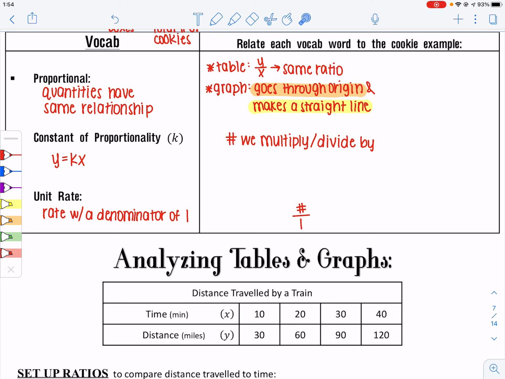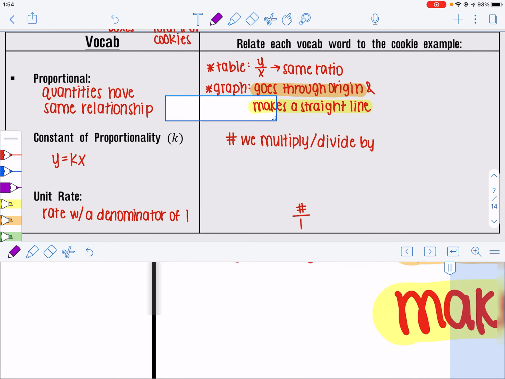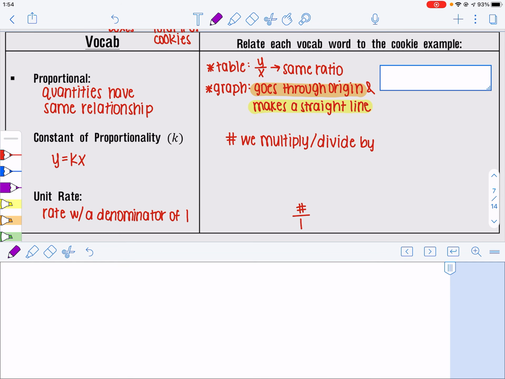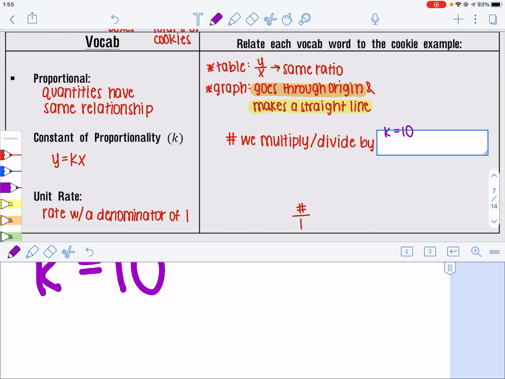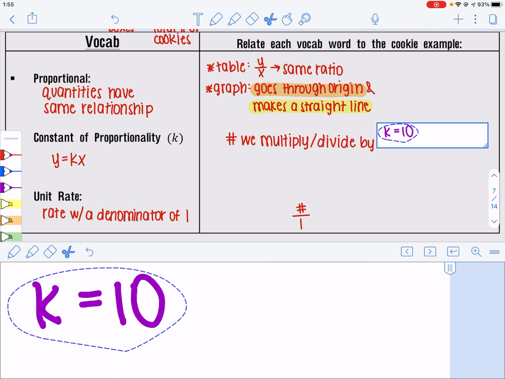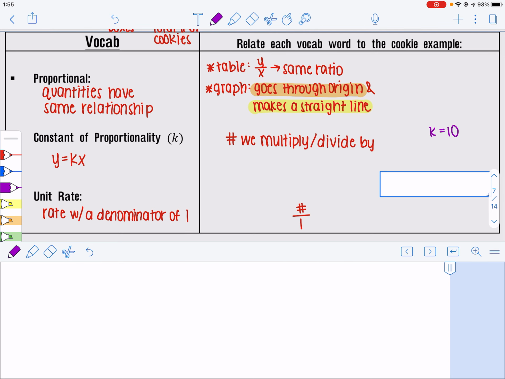All right, so make sure you have that table filled in for all of your vocab, and then relate each vocab word to the cookie example. So this is where we can say on your table, we'll skip down to constant of proportionality even though I just wrote it up there. So your constant of proportionality is 10. Because you multiply just the number of boxes, multiply it by 10 to get the total number of cookies.